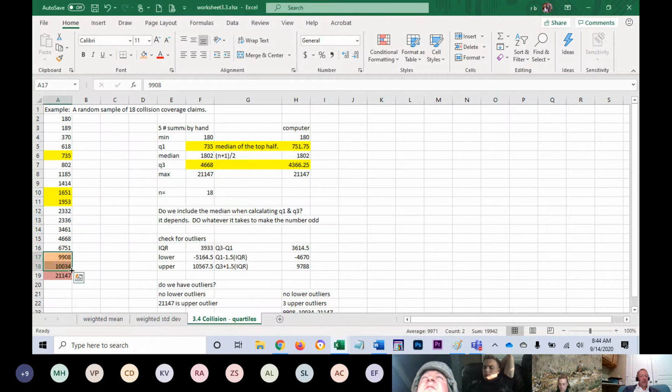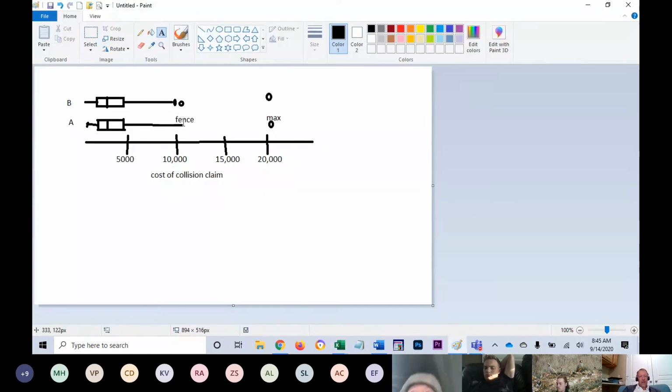I think the book says go to the value before, which would be 10,034, which is actually really close to the fence anyway. That's another method, but the method I want you to do is draw the whisker to the fence if you have an outlier. Otherwise, you use the maximum or the minimum. Is that clear? Yes. Okay.